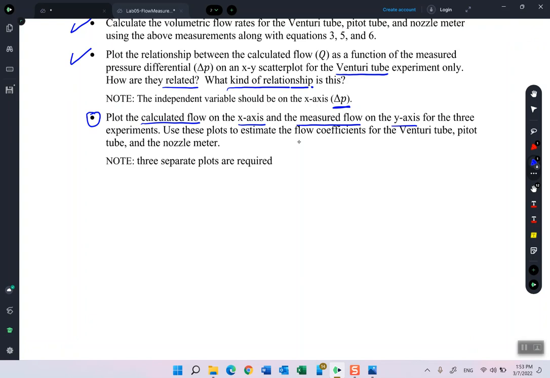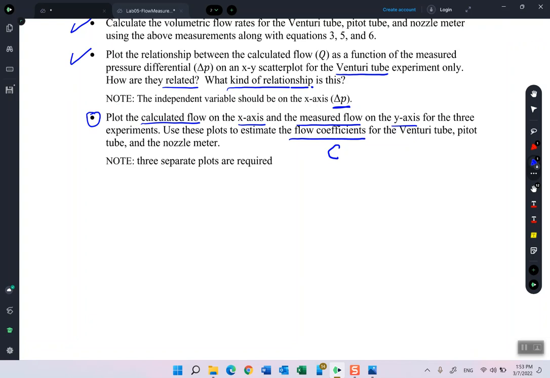After plotting the calculated and the measured flow, it asks you to use these plots to estimate the flow coefficient C. Of course, we will have 3 C's, 3 flow coefficients, 1 for each device.